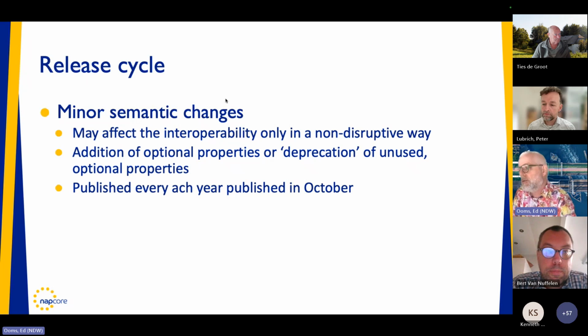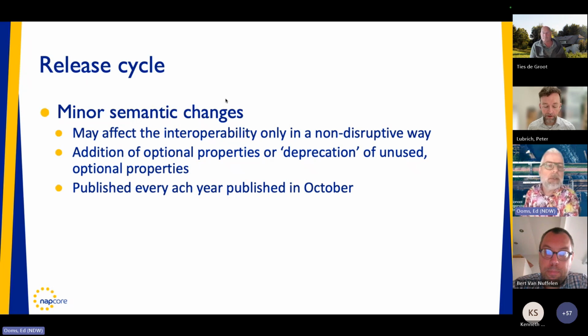This means that if you have a new property which should be optional in the mobilityDCAT-AP, it will be issued as a minor change. These are published every year in October.